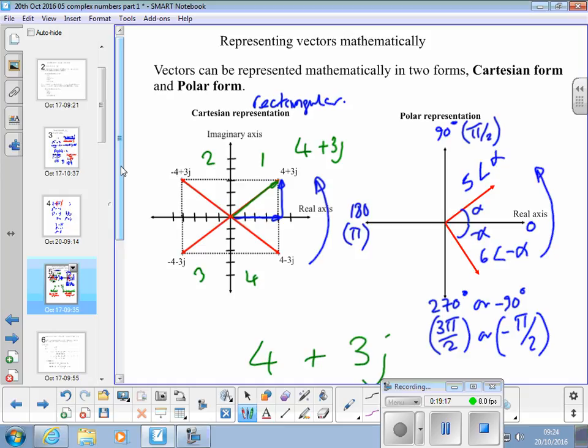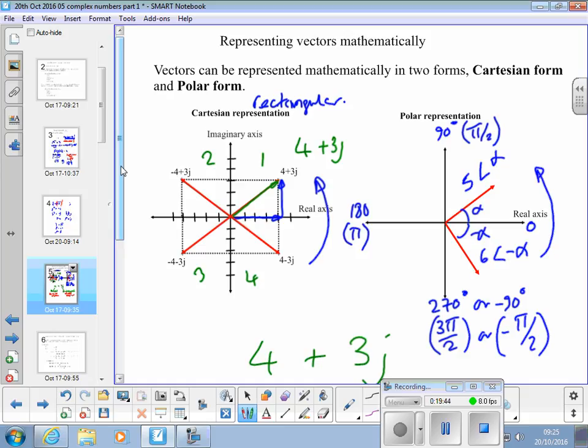I'm just saying it could be. You would describe a vector by the length or the magnitude of the vector, and then say what angle it is around the anti-clockwise 360 degrees. Or you can go down in the bottom half, the bottom 2 quadrants 3 and 4, and describe it with a negative angle.